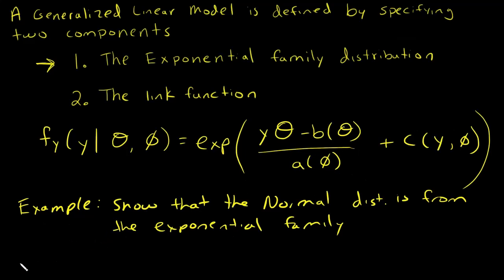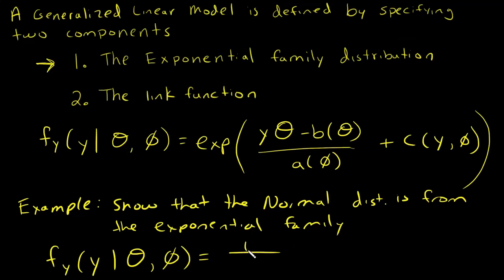Okay, so for the normal distribution, let's start with what is the normal distribution. For right now, I'm going to leave theta and phi, although the normal distribution we write with regards to mu and sigma, right? And so we'll have to identify what theta and phi are once we're trying to get it into this format here.